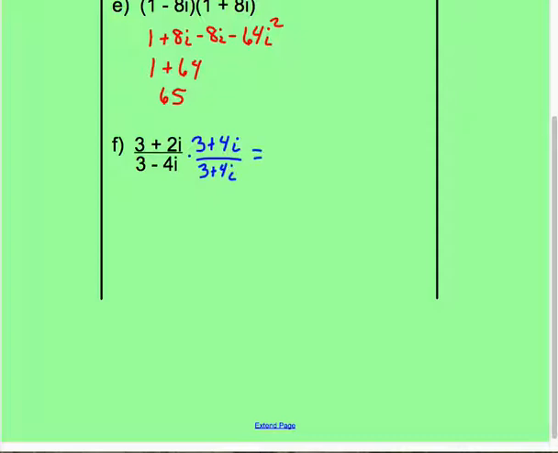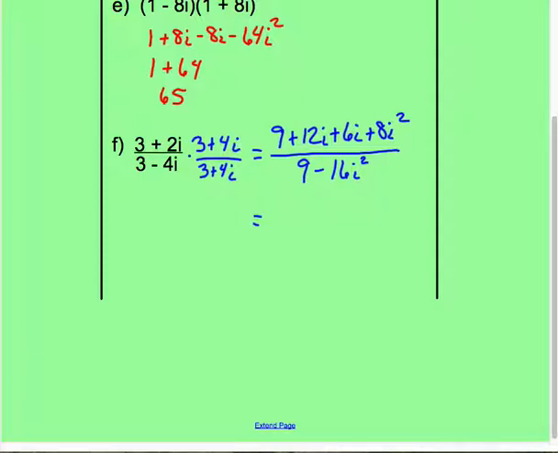In the numerator, I need to distribute, so I'm going to multiply or FOIL those out. And in the denominator, because I know what happens when I multiply conjugates, I can skip to multiply the first times the first, 3 times 3, and negative 4i times positive 4i.